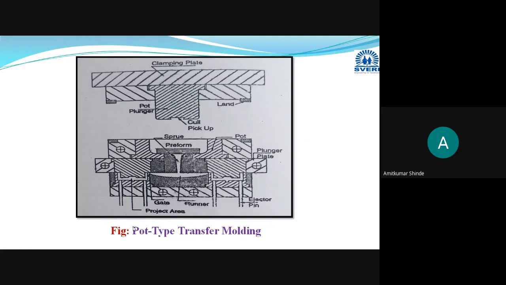So these are some diagrams showing the pot type transfer molding process only. Okay, this is the initial stage. This is a preform. This is the plunger. Then it is in the next stage. This is your sprue, and the sprue, gate and runner arrangement, and it will enter through this vertical channel. It will get transferred into these cavities.